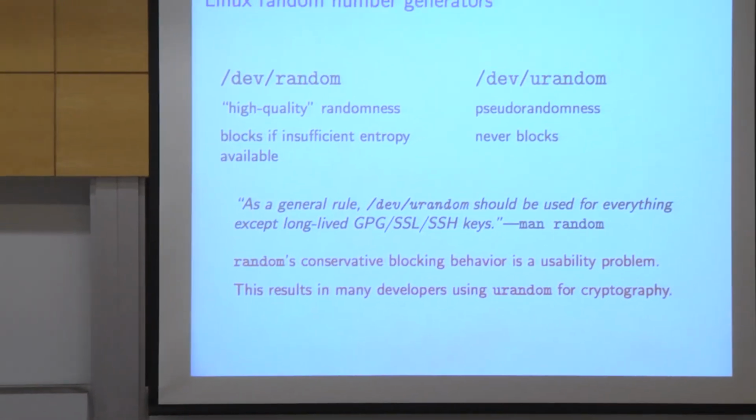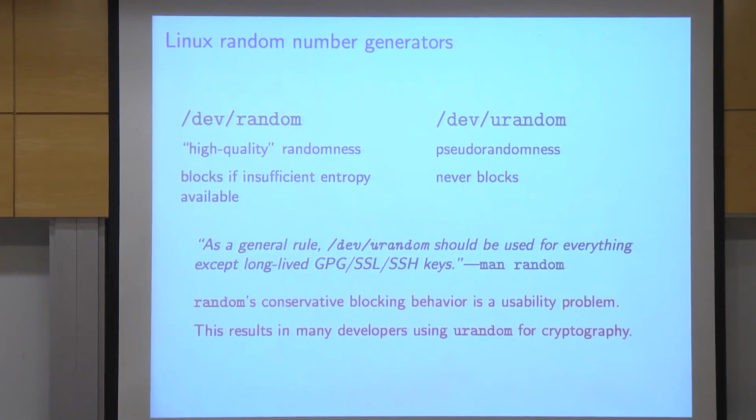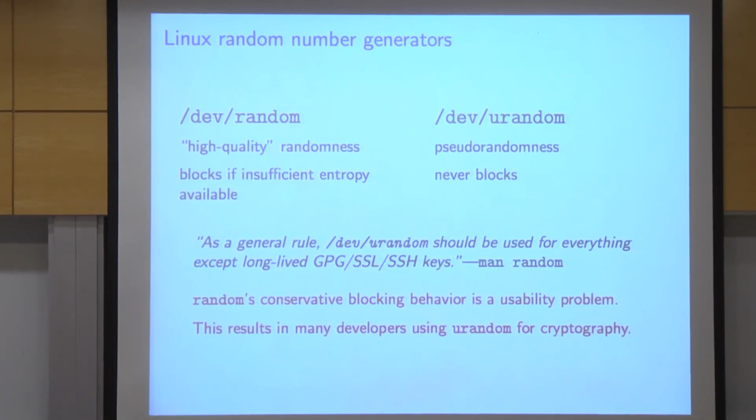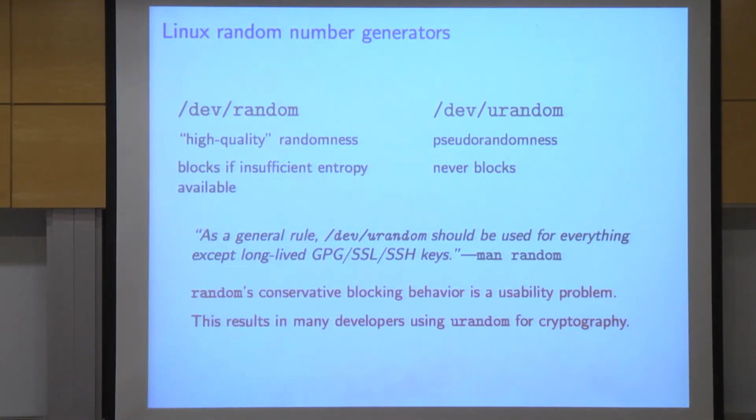And if you read the man page for random, it says, as a general rule, dev-urandom should be used for everything except long-lived GPG, SSL, and SSH keys. So you have exactly one guess as to which of these people were using to generate their long-lived SSL and SSH keys.